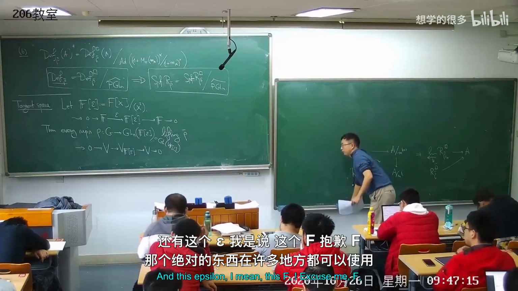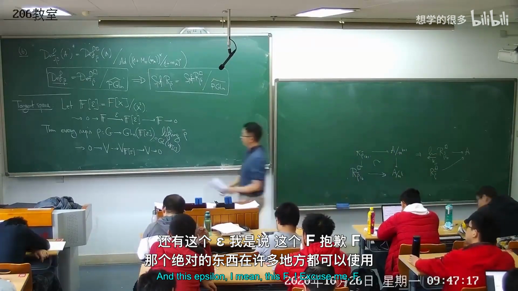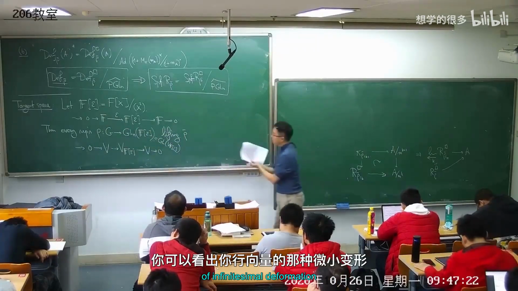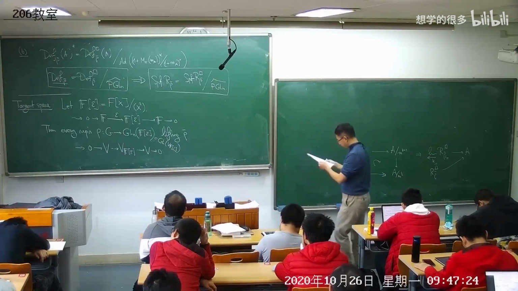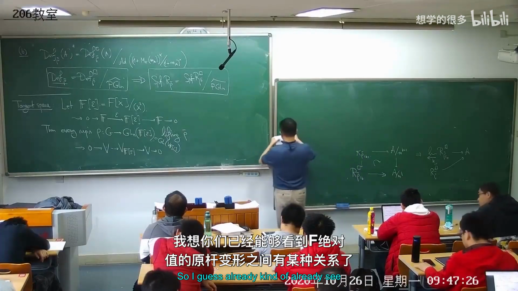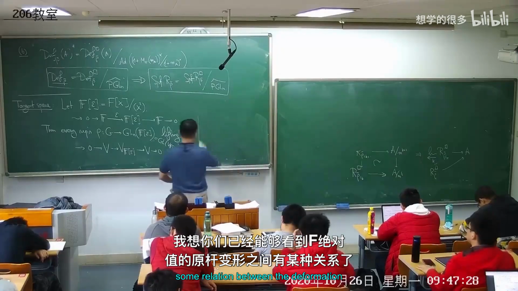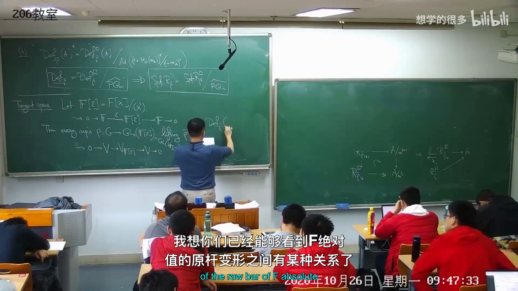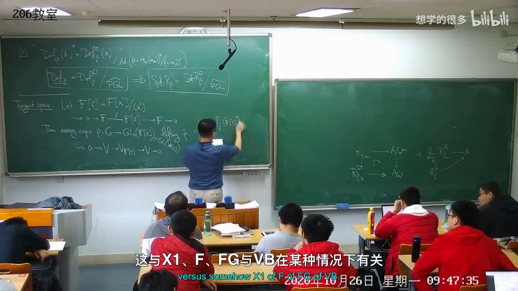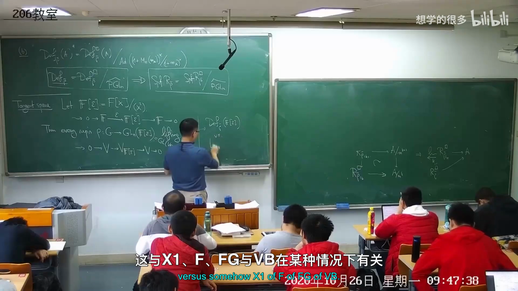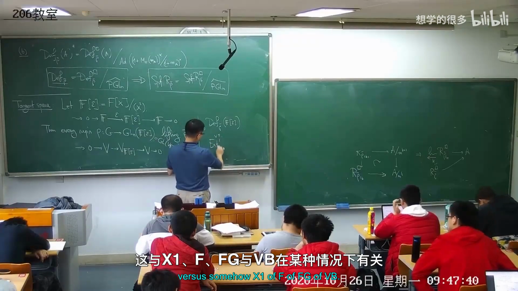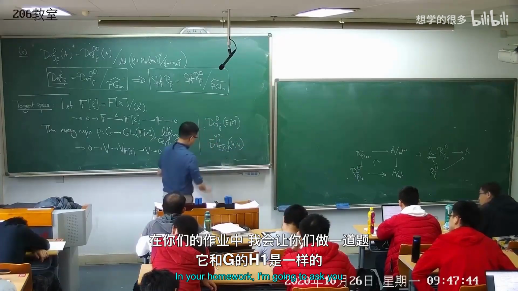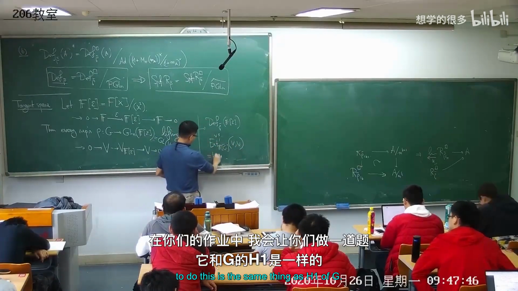And this F[epsilon] thing can be used in many places. You can study infinitesimal deformations of your rho bar. So I already see some relation between the deformation of rho bar over F[epsilon] and the Ext^1 of F[G] of V.